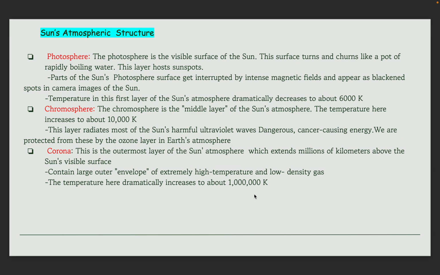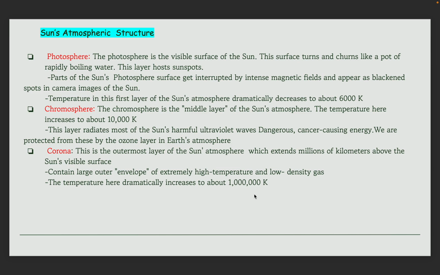In the photosphere, the temperature is above 6000 Kelvin, and this layer holds the sunspots. The chromosphere is the next layer, from where the UV photons get emitted, and it has a small rise of temperature, about 10 to the power 4 Kelvin, or 10,000 Kelvin.